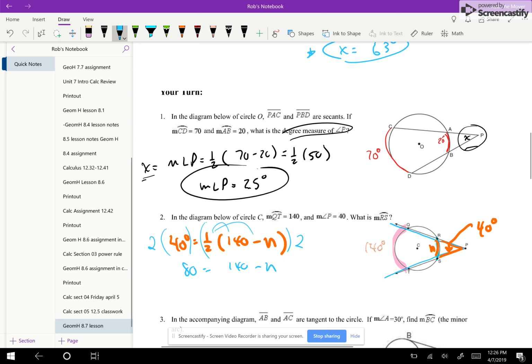And then you just get what's inside the parentheses because you got rid of the half by multiplying by 2. I would add N to both sides and then subtract 80 on both sides just to get N on the left. That way you get rid of the negative N and you get N is 60 degrees. Pretty simple there, which is the measure of arc RS. The measure of arc RS is 60 degrees.